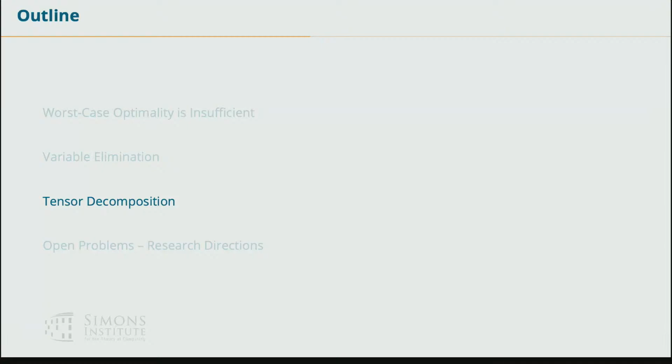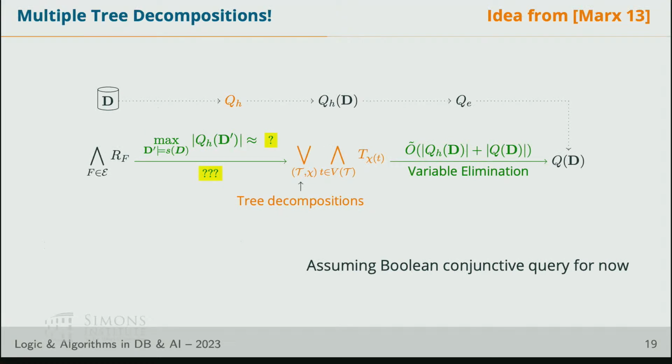And finally, let's look at another idea that will put everything together. This is a beautiful idea from Daniel Marx. So far, we have talked about the representation where we have only one tree decomposition as an intermediate representation.